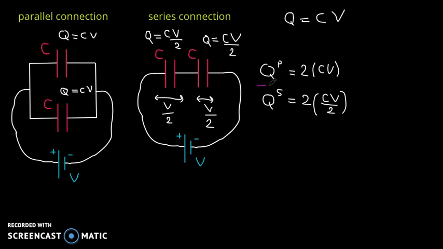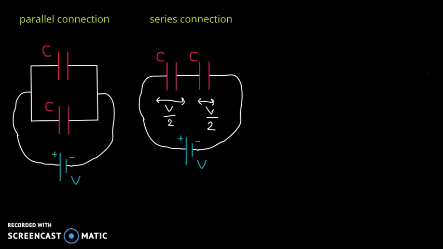Again, we can divide these two equations side by side to find how the two quantities are related. We get Q parallel divided by Q series equals 2, so then Q parallel equals 2 times Q series. Total charge stored in the parallel case is 2 times as large as the total charge stored in the series case.